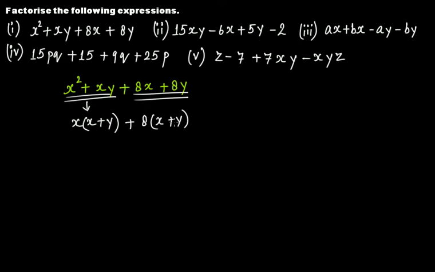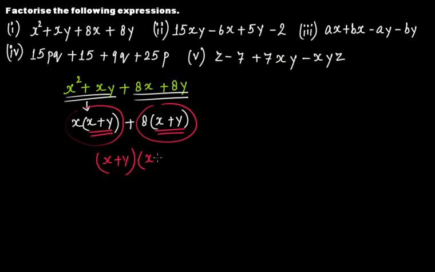So this is basically what? We have two terms, one term is this one and one term is this one. And x plus y in this term and x plus y in this term is common. Take x plus y outside the bracket, that is the common factor. And inside you will have x plus 8. Distributive property of multiplication over addition. This is the required factorization of this expression.